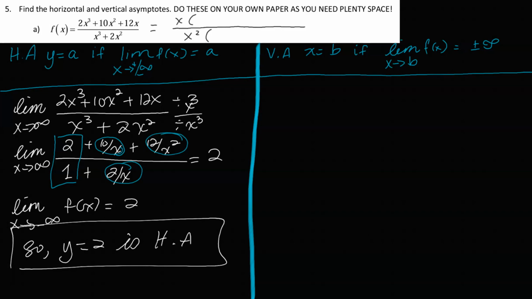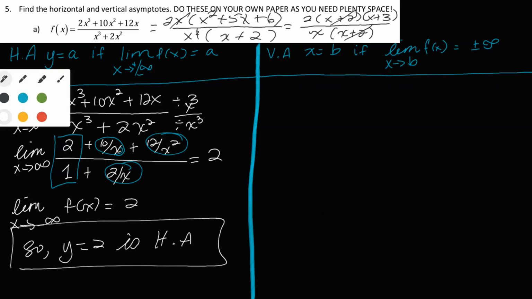On the denominator, I have x squared times x plus 2, and then on the numerator I can factor out an x, and then I have x squared plus 5x plus 6, which can be factored further into x plus 2 times x plus 3, with the 2 out front. Then one of the x's has already canceled out, and the x plus 2 cancels with the x plus 2.